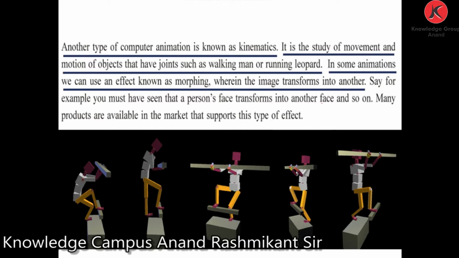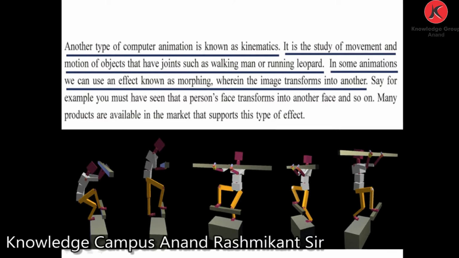In some animations, we can use an effect known as morphing, wherein one image transforms into another. Say for example, you must have seen a person's face transform into another face and so on. Many products are available in the market that support this type of effect.